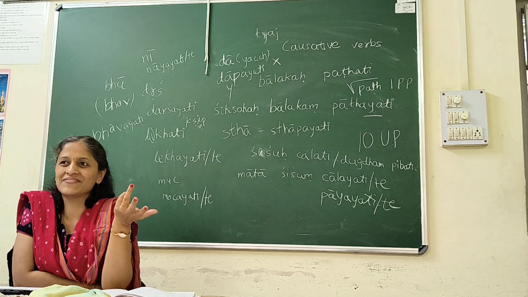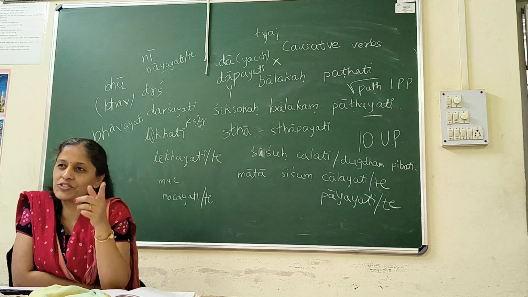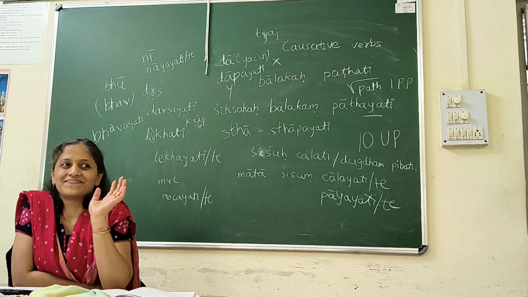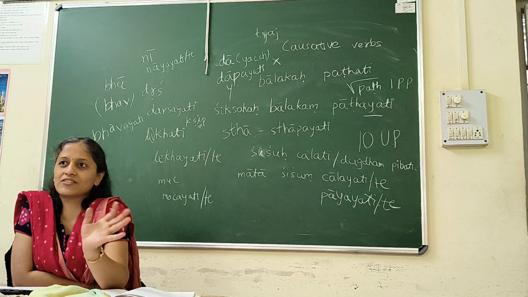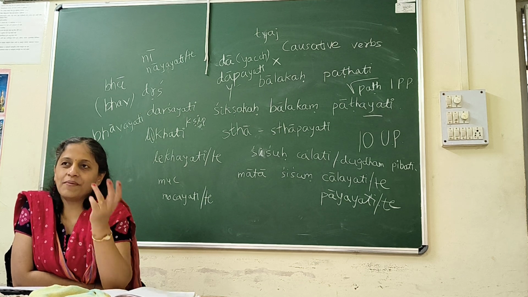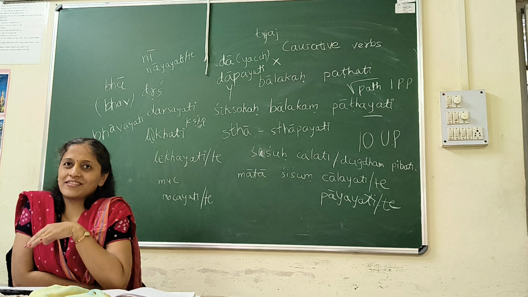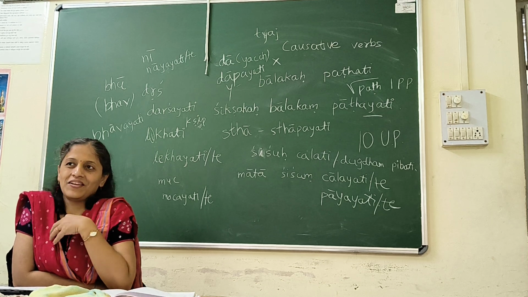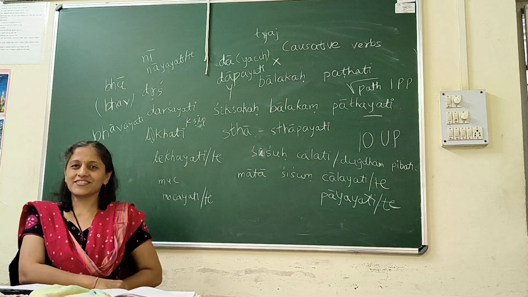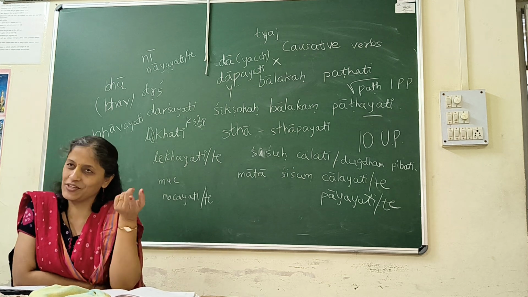What is pathayami? Pathayami is causative of patha. I make the student read the lesson, understand the lesson, learn the lesson. So, aham pathayami. Causative is not only used in third person singular.